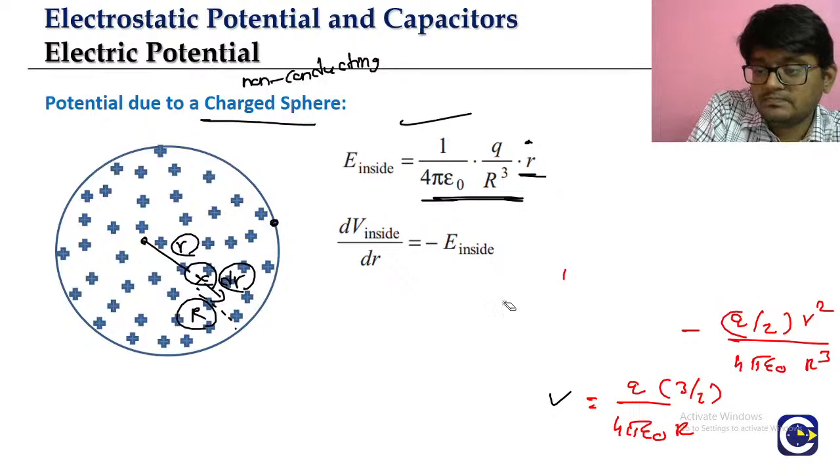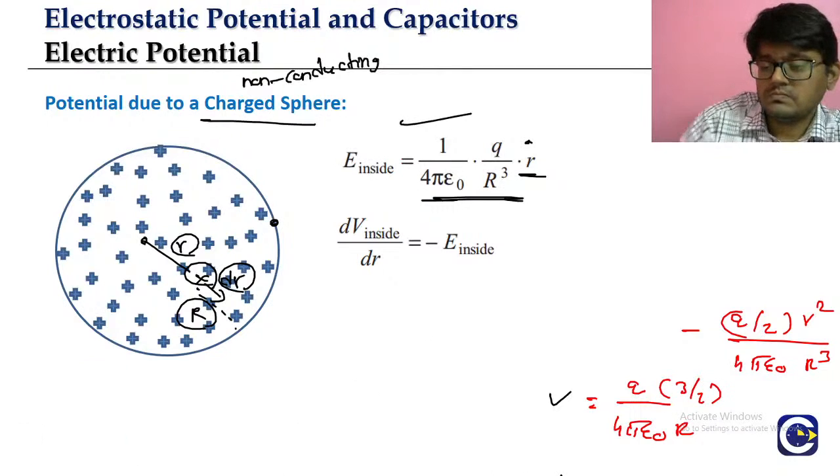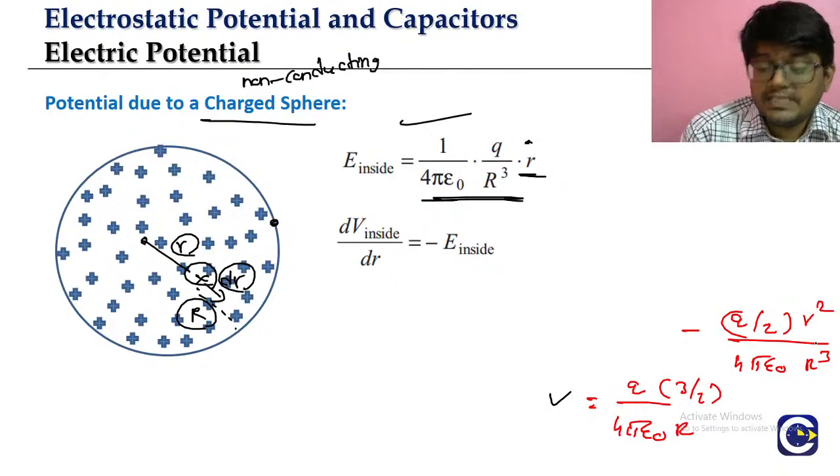What is the V value? q into 3 by 2 divided by 4 pi epsilon naught R, then minus q by 2 into small r square by 4 pi epsilon naught into capital R cube. We can try and rearrange it.